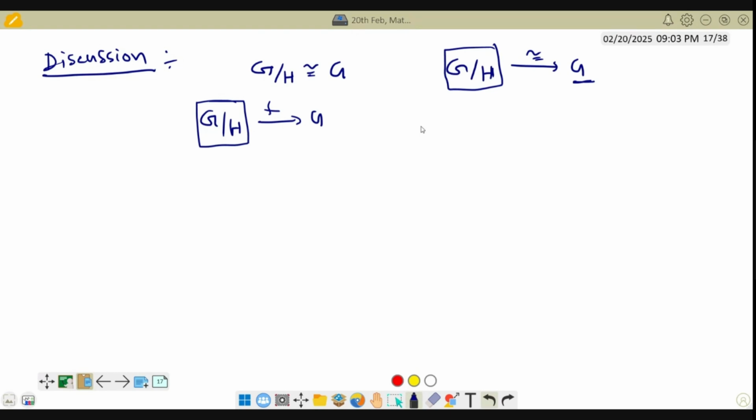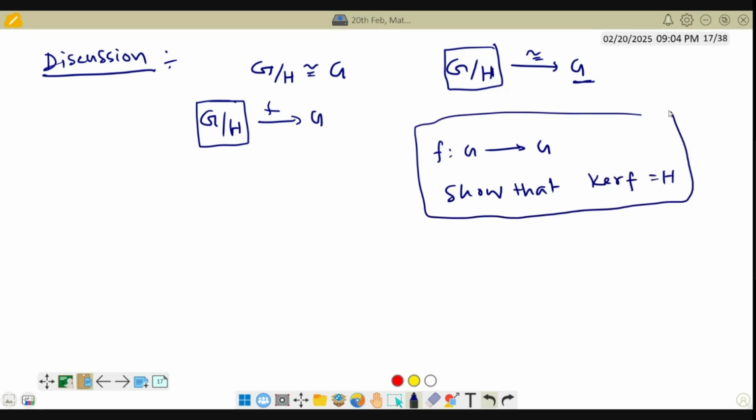That is a little difficult directly from a quotient group. Always try to define a homomorphism from G to G and show that the kernel of F is H. That's the standard and easiest way. Do not go into this trap.